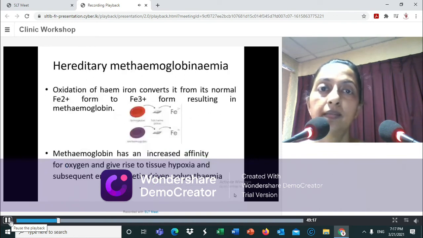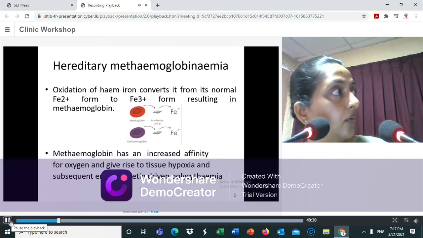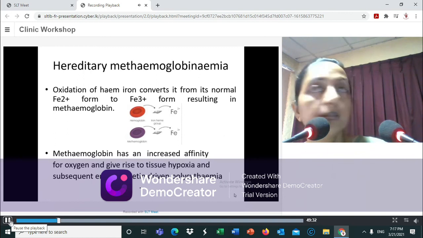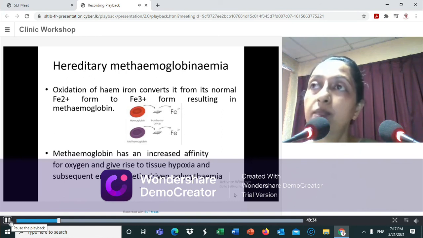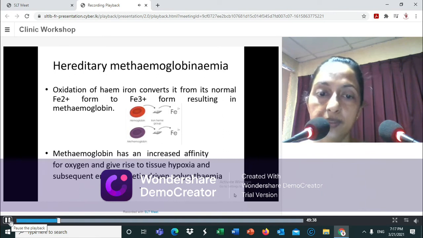In hereditary methemoglobinemia, which is an even rarer cause, there is oxidation of the heme iron, which converts it to the ferric form. Right? Ferrous is converted to ferric form permanently. So then that hemoglobin is called methemoglobin, which has increased affinity for oxygen.